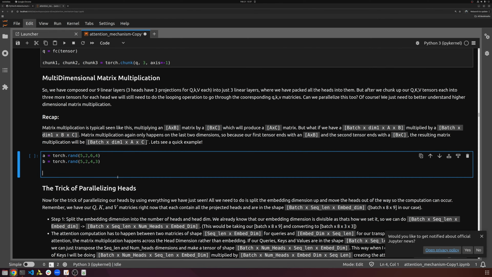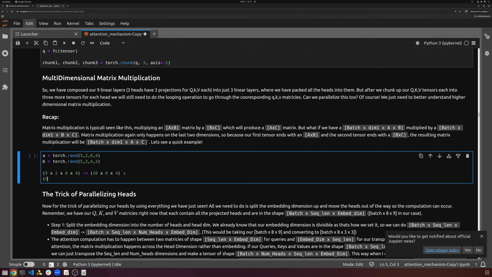This is going to make it such that our 5 by 2 by 6 by 4 A will become a 10 by 6 by 4, and our 5 by 2 by 4 by 3 will become a 10 by 4 by 3.